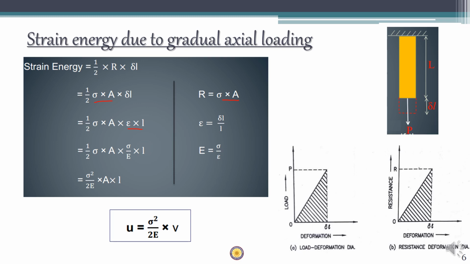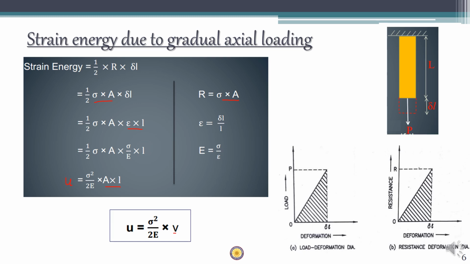From that you can get strain is equal to stress by E. Okay, so if you do this calculation, we have U is equal to sigma square by 2E into A into L. Then now we'll get what is A into L. A into L is nothing but our volume, right?